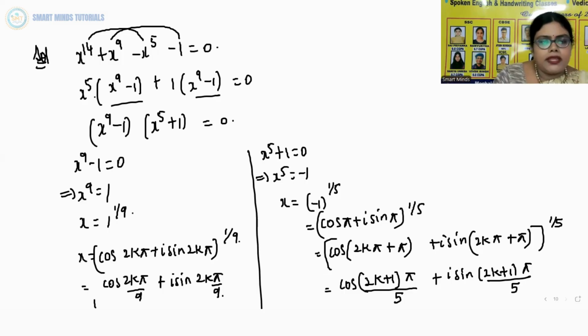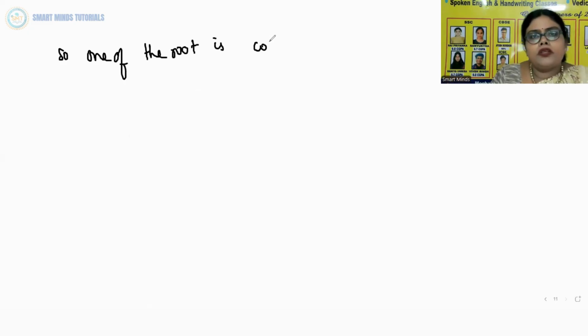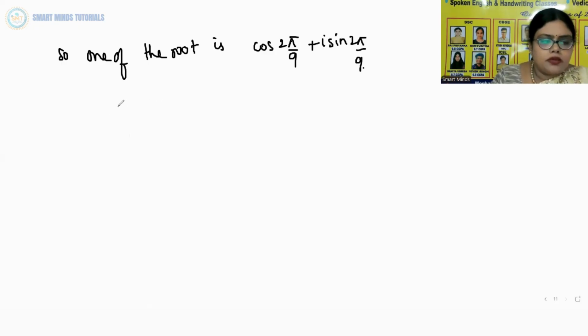So here k takes values from 0 to 8 because you have power 1 by 9 here, and because you have power 1 by 5 here, k takes values from 0 to 4. So one of the roots is cos 2 pi by 9 plus i sine 2 pi by 9, for k is equal to 1.